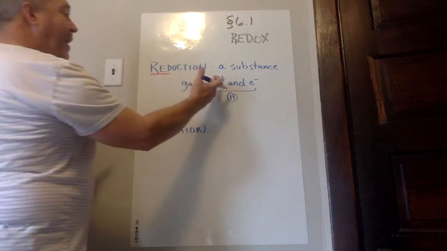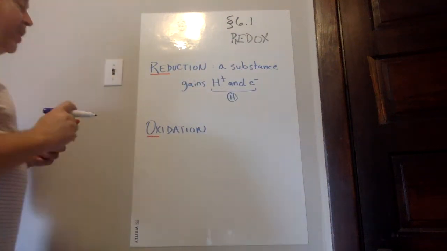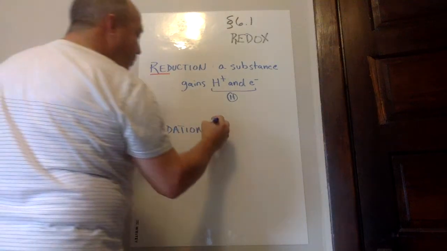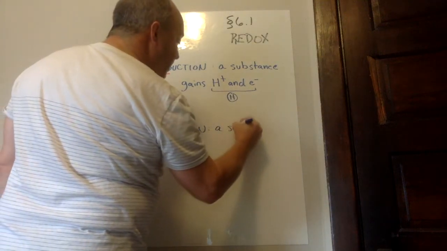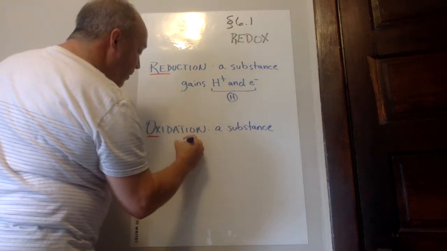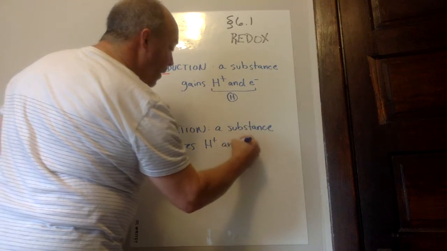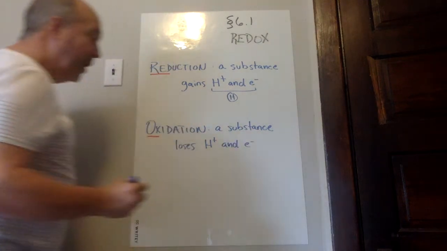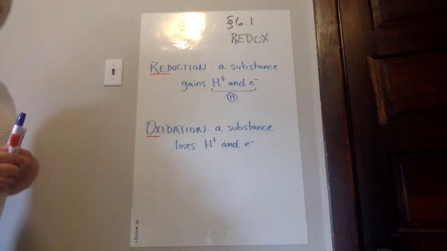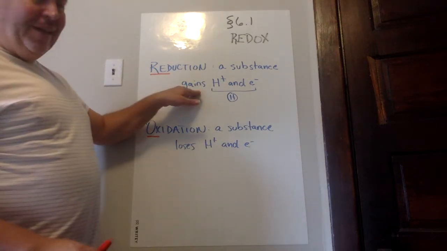So when a substance gains hydrogen ions and electrons, therefore the oxidation is the opposite of this. This one is when a substance loses hydrogen ions and electrons.